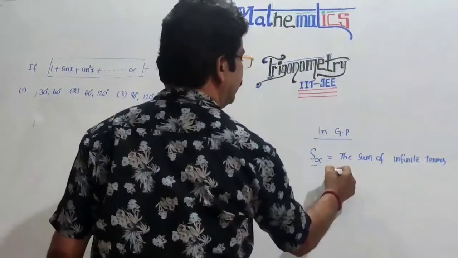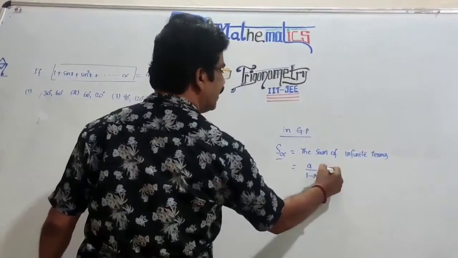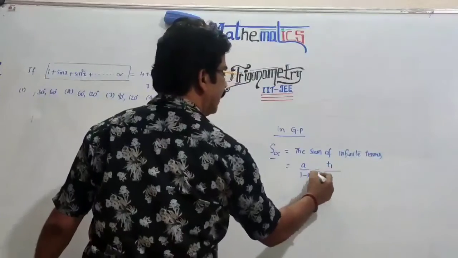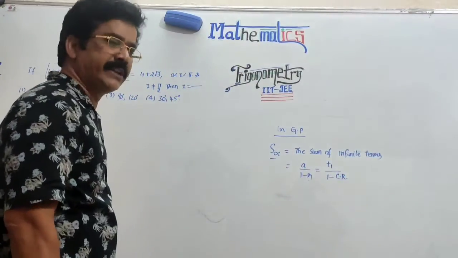It is the notation that is equal to the formula A by 1 minus R. A means what? T1, the first term. R means what? Common ratio.